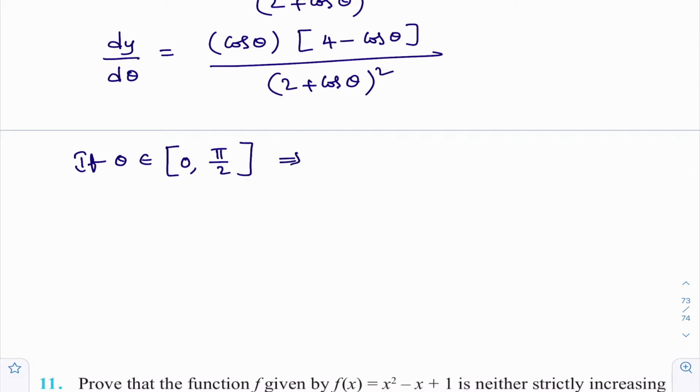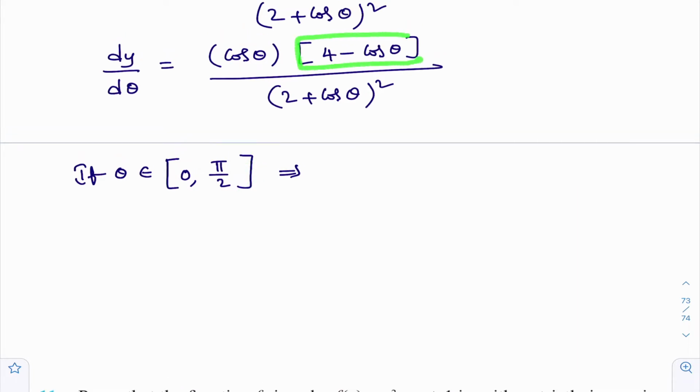If I suppose the open interval 0 comma pi by 2, that means this is in the first quadrant. In the first quadrant, cos theta is clearly positive, right? 4 minus cos theta is clearly positive because cos theta value always lies in the closed interval minus 1 comma 1. As 4 is a bigger number, minus a smaller number is always a bigger number. Clearly this expression is positive.